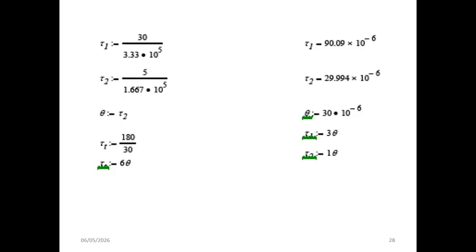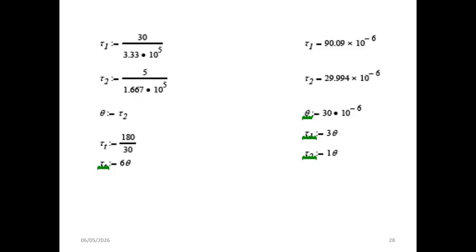This slide focuses on the calculation of wave travel times and the normalization of the time axis for transient analysis in the given transmission system. First, the propagation times for each line are determined using the ratio of line length to wave velocity.